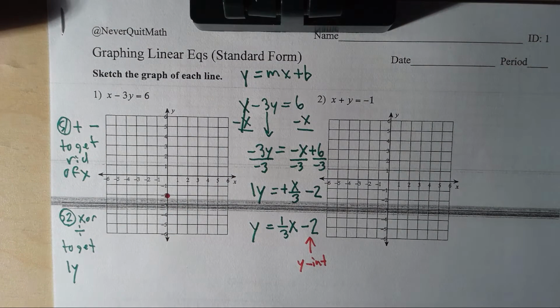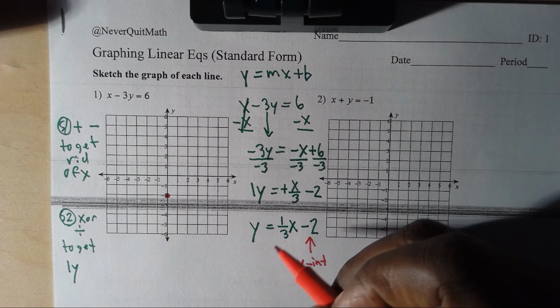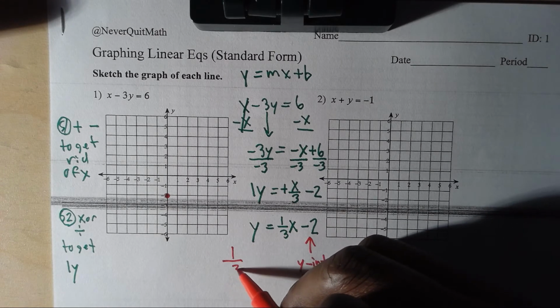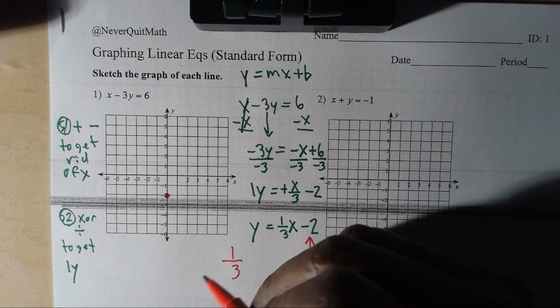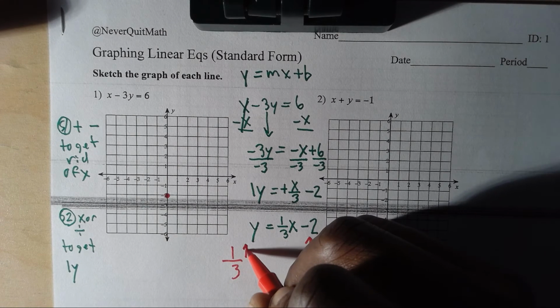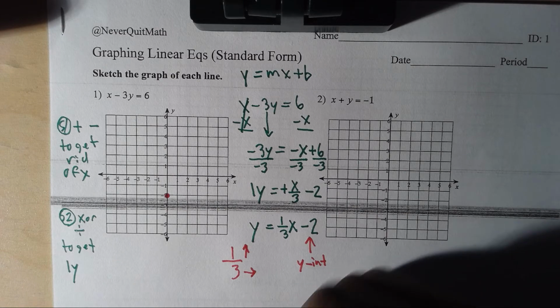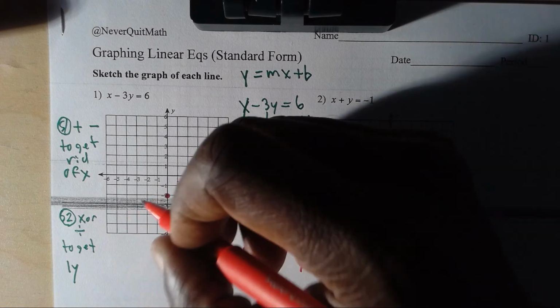Bang. Now from here, I've got to decide how I'm going to move. I'm going to follow my slope. My slope is 1/3, and it's positive. So because it's positive, I'm going to be going up 1 and then over 3. If it was negative, I'd be going down and then over, same direction to the right. But since it's positive, I'm going to follow that.